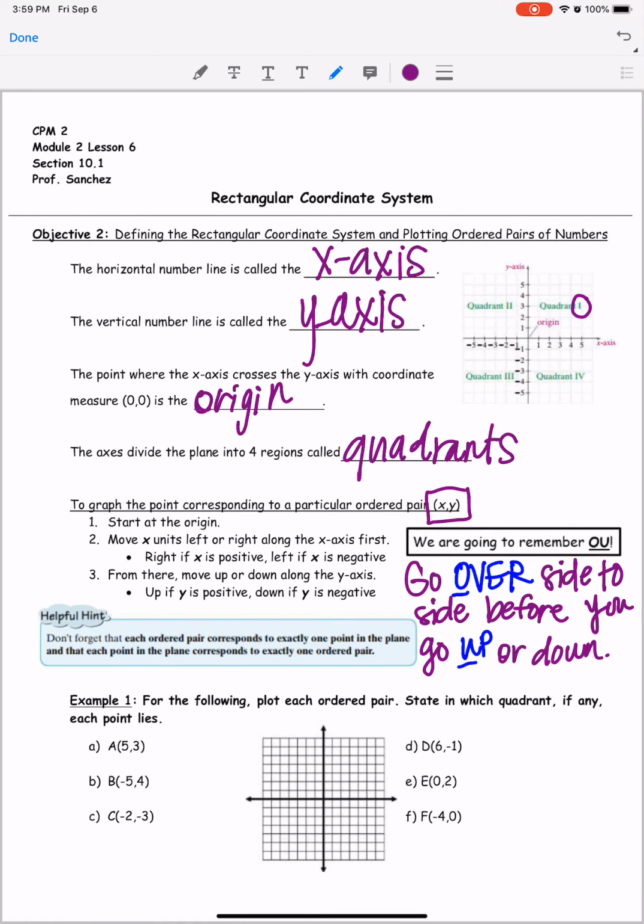So on A, it's kind of hard to do this since you can't see my pencil and where I'm moving, so I am going to make little lines, but you don't really want to make these lines when you plot your points. So on A, we are plotting point A, which is 5, 3. So this is your x, then your y. So you're going to move along your x-axis first, so we're going over side to side first. So from the origin, and I'm actually going to make this bigger as well.